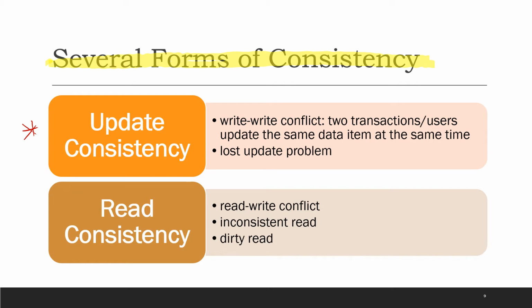In that case, we call it write conflict. Two transactions try to make change to the same data at the same time. The database technology should ensure that such a conflict will not occur, because it could result in a problem we call the lost update problem.